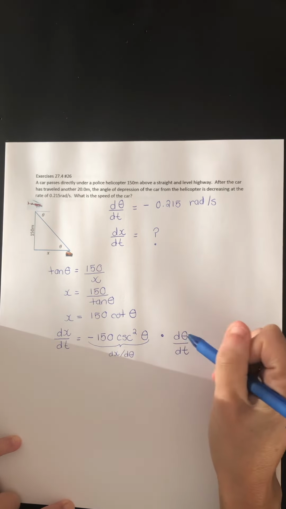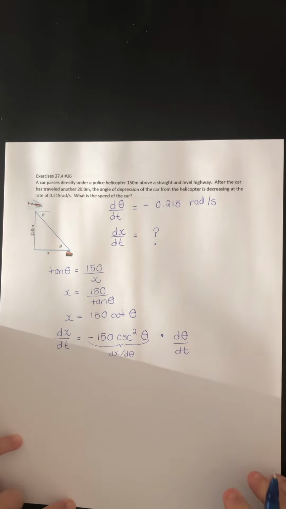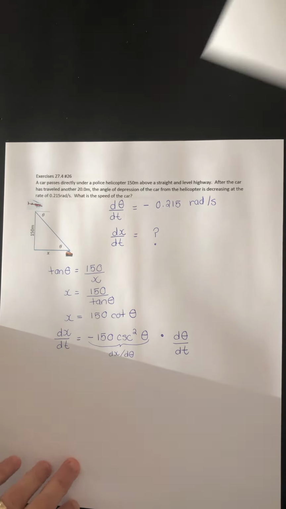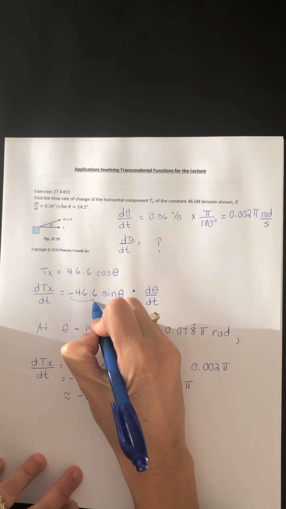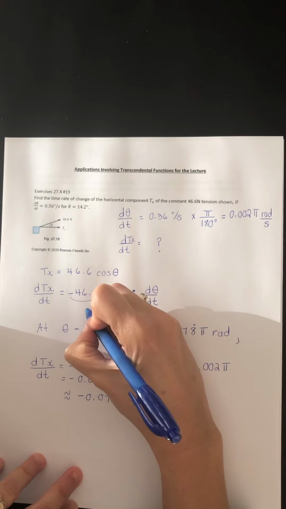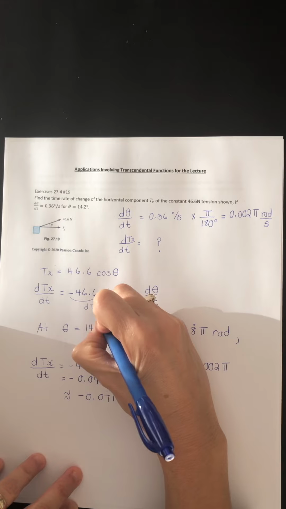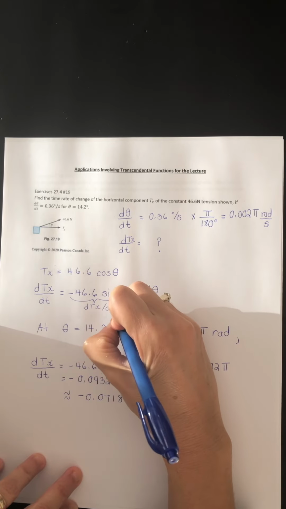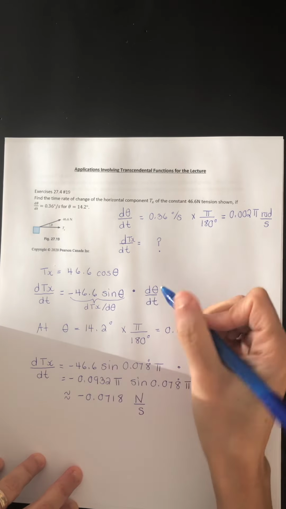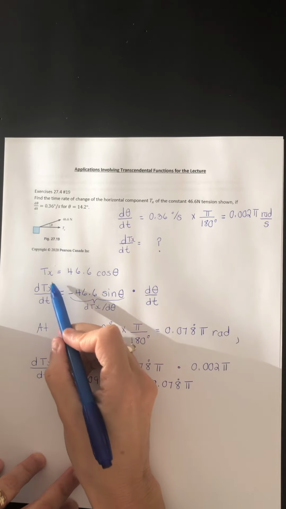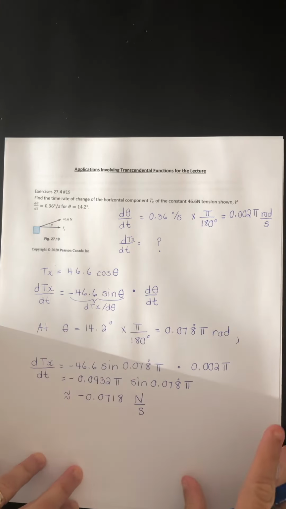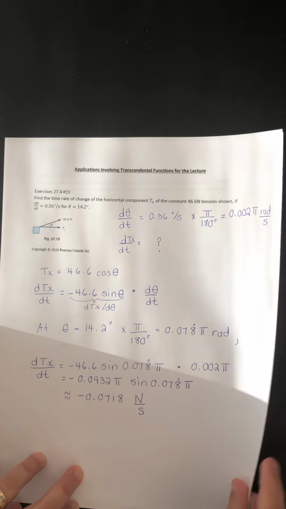So we have to multiply it by d theta by dt. Same thing with the last question. Right here, this part is the derivative of x with respect to theta. Then, after multiplying it by d theta by dt, we end up with the desired time rate of change.